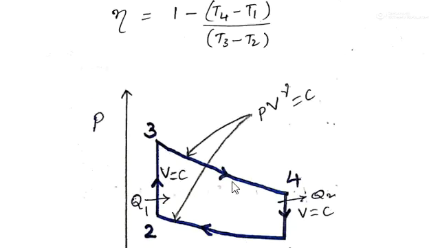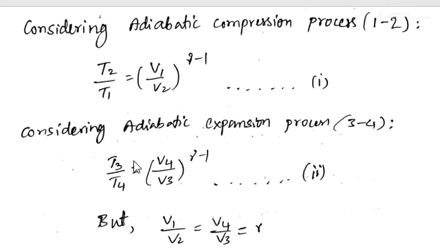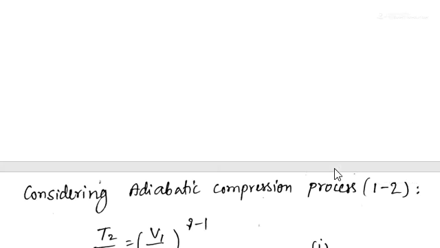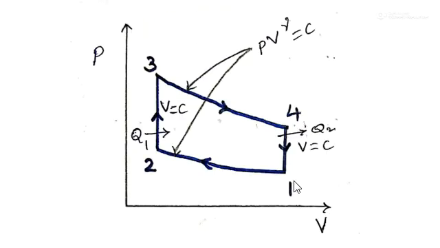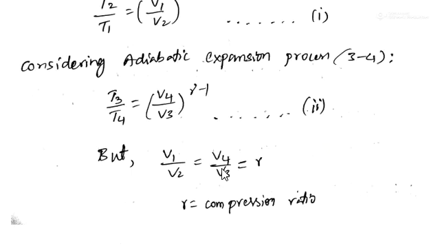For this we can write T3 by T4 equals (V4 by V3) to the power gamma minus 1. Let us take this as equation number 2. But from the diagram, V1 by V2 equals V4 by V3.